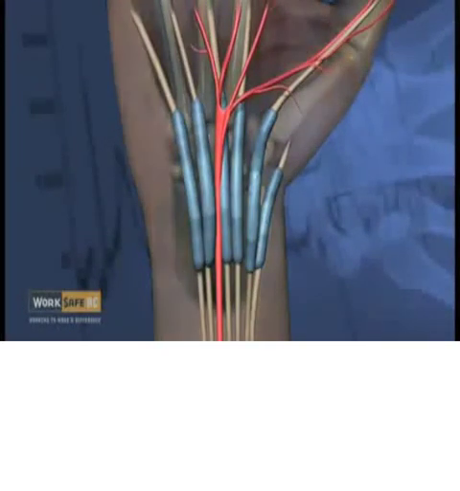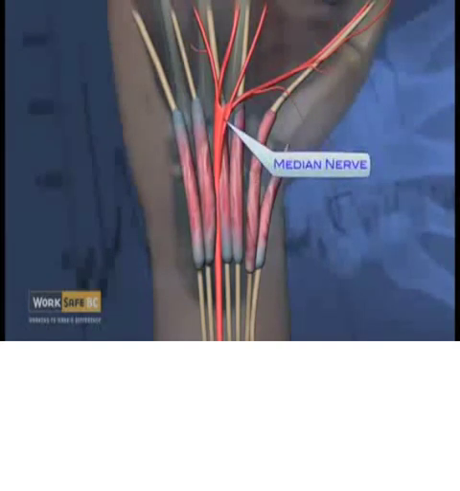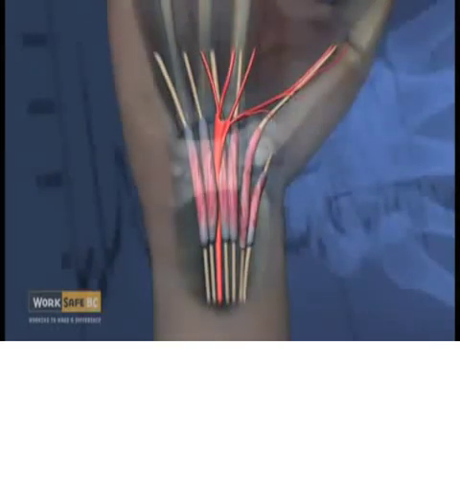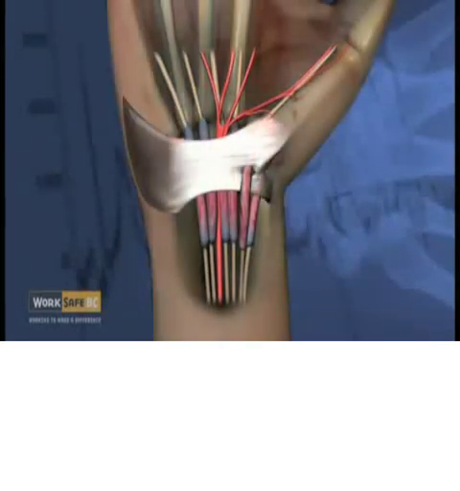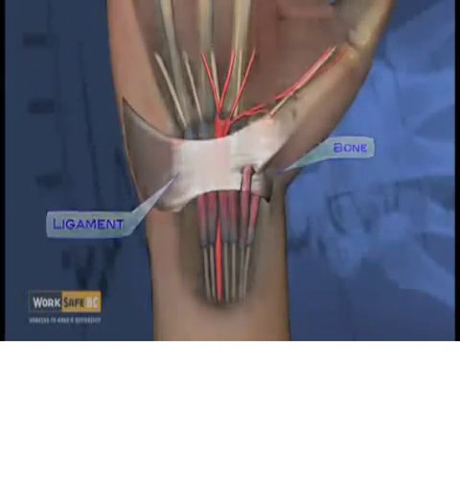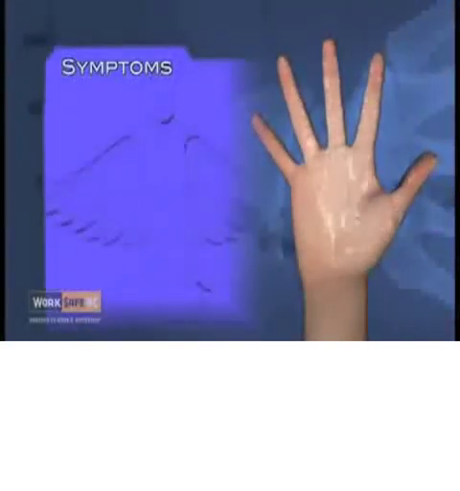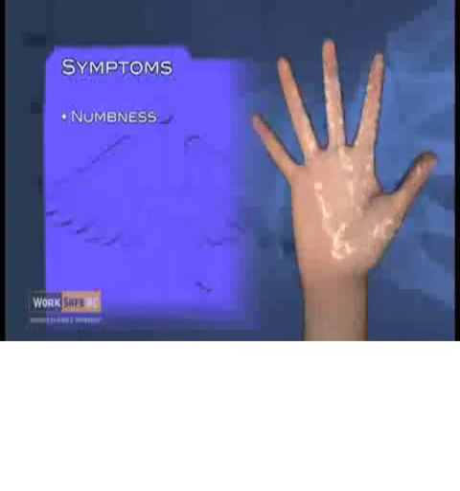In carpal tunnel syndrome, symptoms occur when there is pressure on the median nerve. This pressure on the nerve in the narrow tunnel of ligaments and bones causes the symptoms. Some of the symptoms include numbness, tingling, and pins and needles.